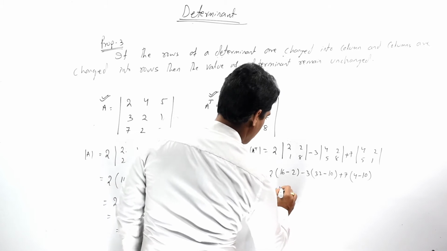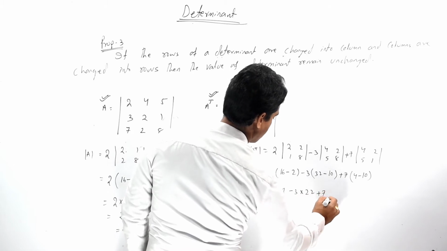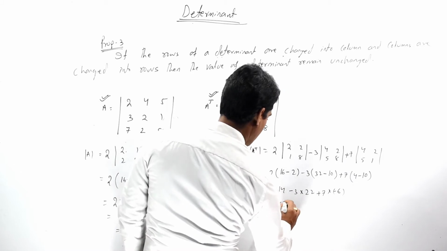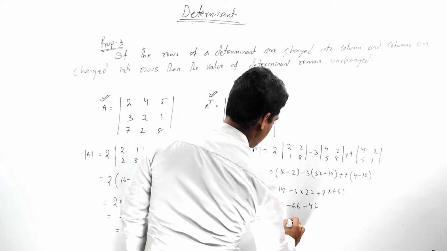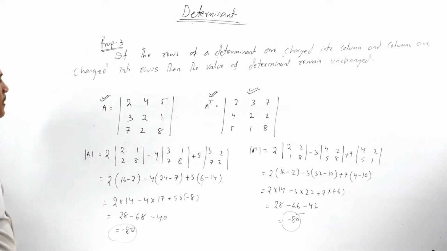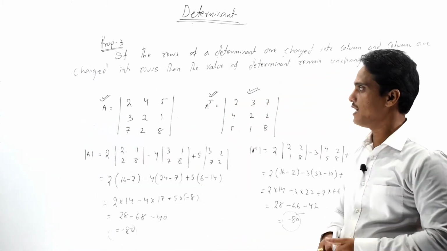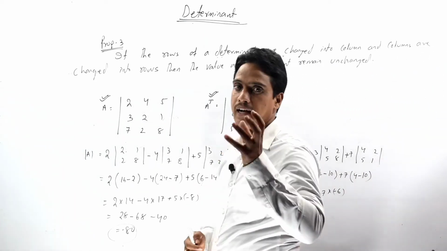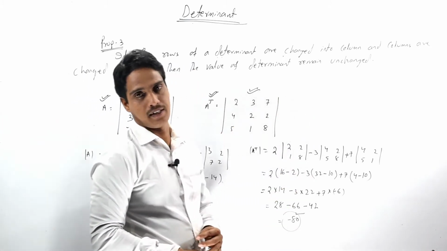That is 2 into 14 minus 3 into 22 plus 7 into minus 6. That is 28 minus 66 minus 42, that is minus 80. So it is proved that the determinant value remains the same or unchanged if the rows are changed into columns and columns are changed into rows of a determinant.